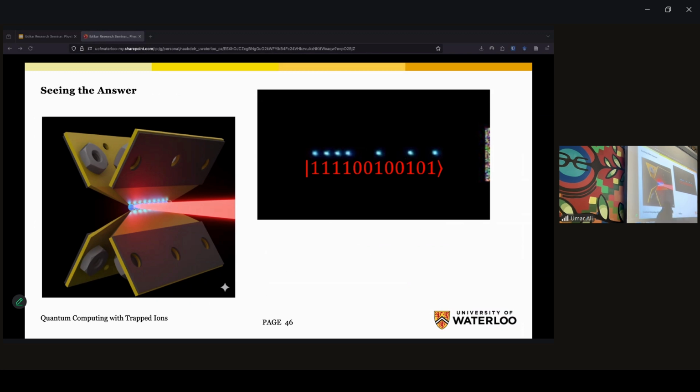The representation here is whether the atom is shining or not. This is an example of a binary answer for some algorithm: 4 of them are shining, meaning 1, 1, 1, then 2 are not shining, 1 shining, and so on. So everything is done via lasers, basically.